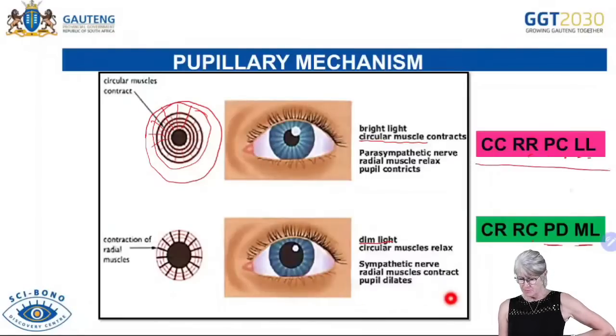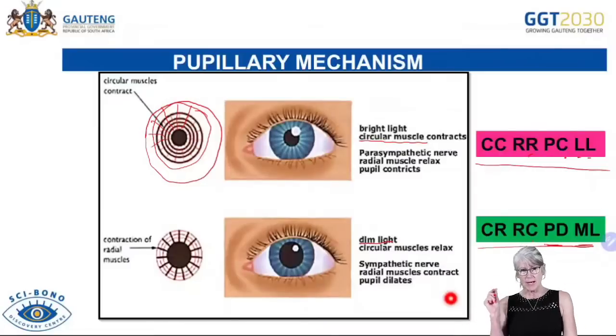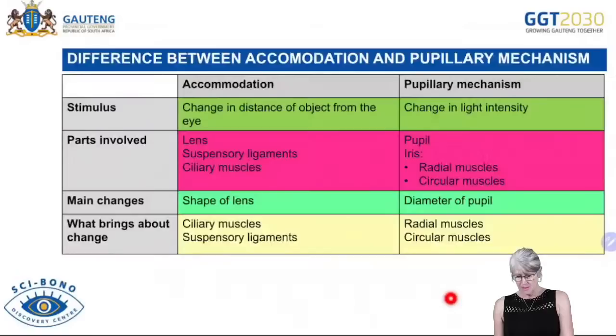These mnemonics are quite easy to remember and learn. When you get your paper and they ask you this, when you are able to write, not during your reading time, you can quickly write those mnemonics down so that when you get to the question and answer it, you remember exactly what happens.